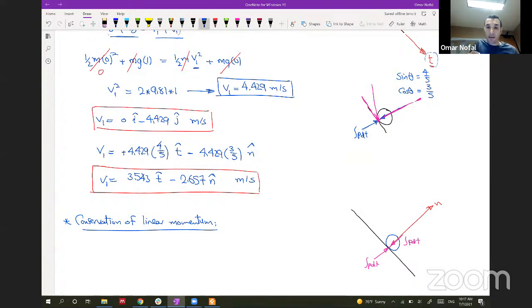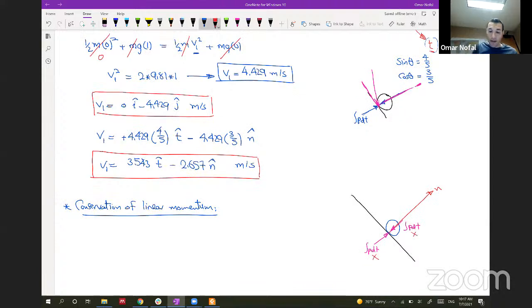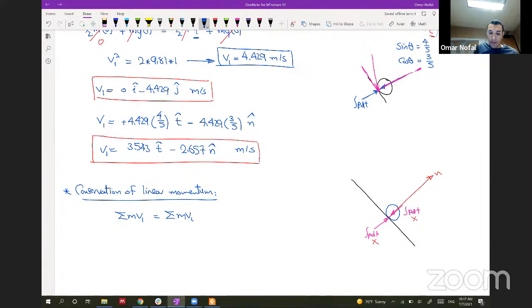So let's apply the equation. These two components will cancel each other, and after applying this equation, the sum of the masses times V1 will be equal to the sum of the masses times V2. Actually, I don't know if we need to do this, because it's not two bodies contacting each other, and we can directly apply this equation.